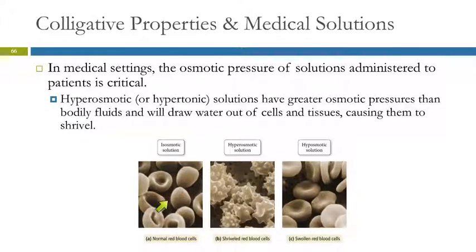So here are some micrographs of red blood cells. Normal red blood cells are supposed to look like this. They kind of look like little donuts. They're round, and they've got this dip in the middle.